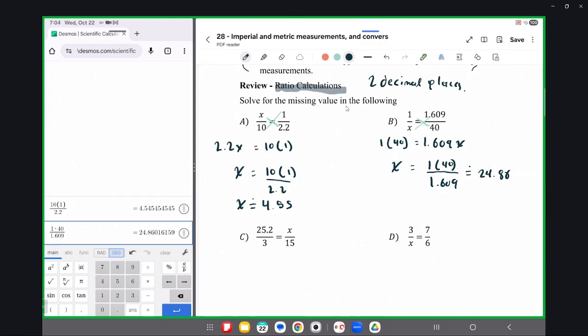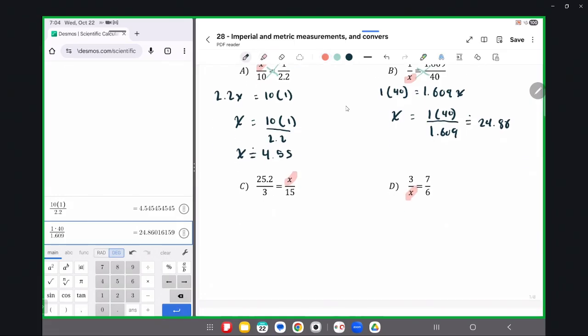Okay, so we solved for an x in the top left numerator. We solved for an x in the bottom left denominator. Let's solve for an x in the top right numerator. In this case, letter C, we have 25.2 divided by 3 is equal to x over 15. So again, we'll use the method of means and the extremes to solve this. So it'll be 25.2 multiplied by 15 is equal to 3x.